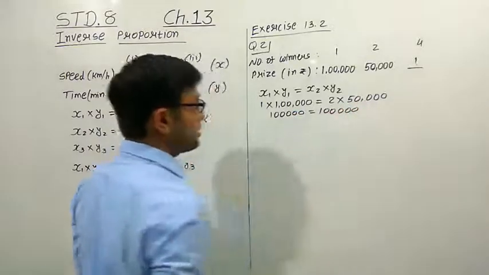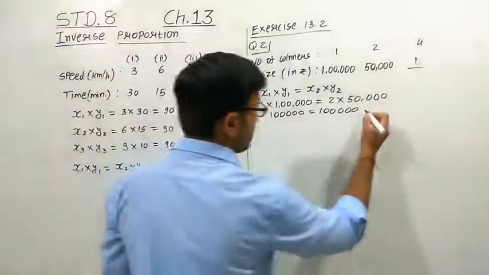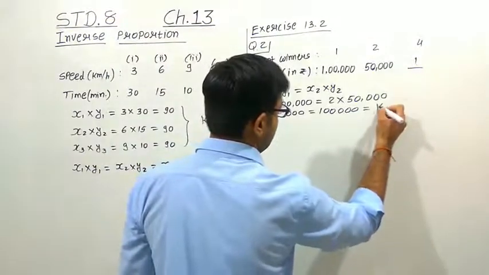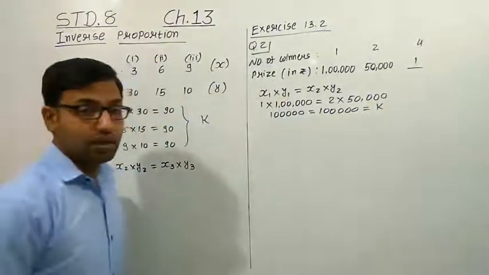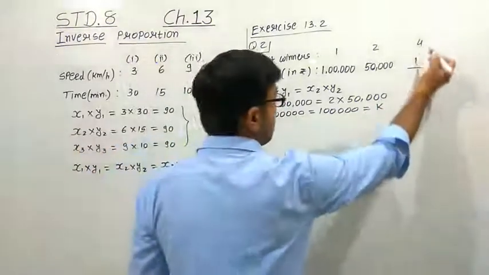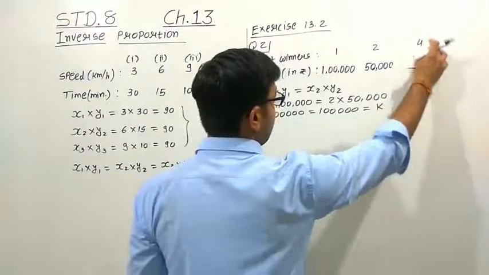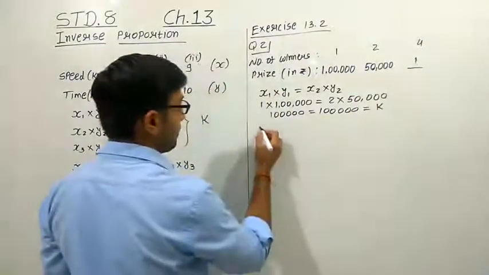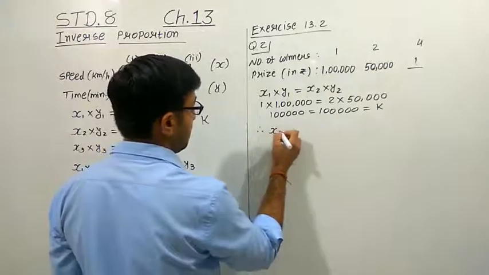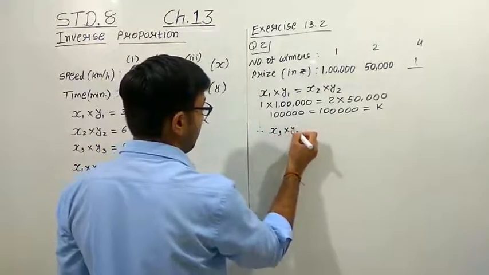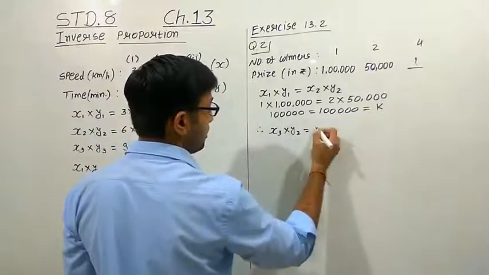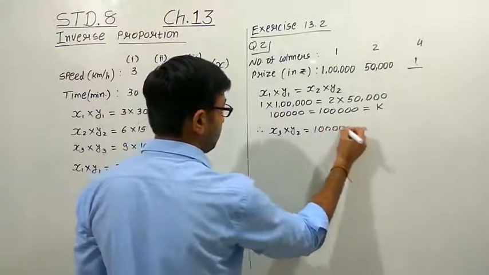So both these quantities are equal, and we can say that it is our constant k. So for the third case, this is x3, this is y3. We have to find out the value of y3. Therefore here we can say that x3 into y3 is equal to our constant, that is 1 lakh.